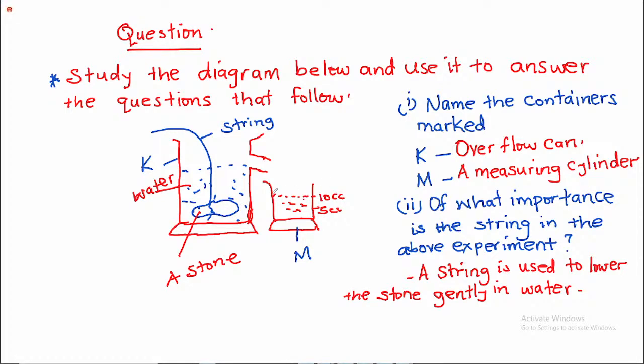When they give you an overflow can and a measuring cylinder, we just consider what is in the measuring cylinder.